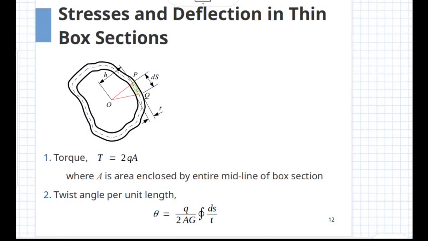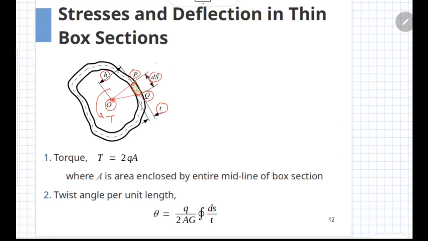For this purpose, consider a small segment PQ within this box section, which has a width of ds, and the local thickness at this particular segment is given by small t, and O is the centroidal axis about which the torque T is getting applied, and the distance of this segment from the origin O is given by the value h.